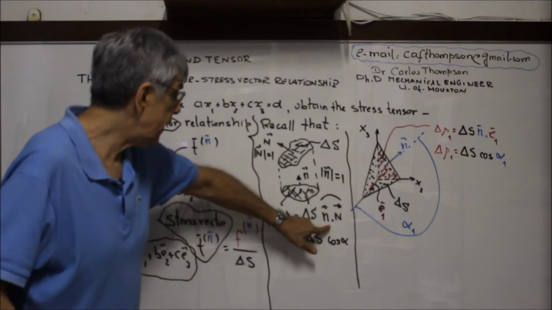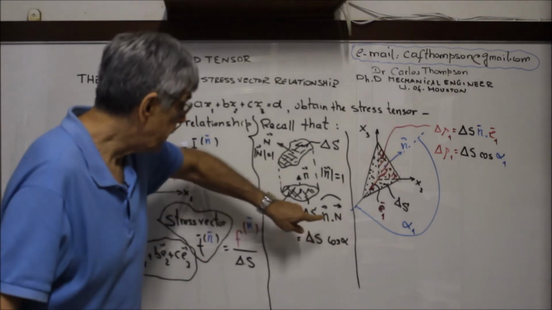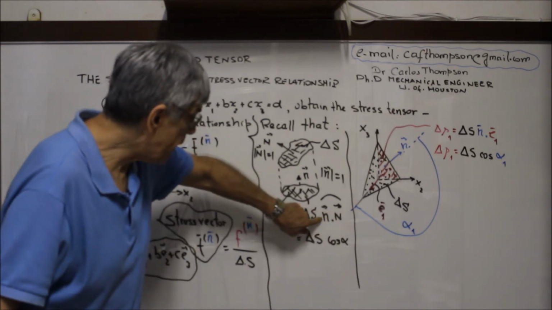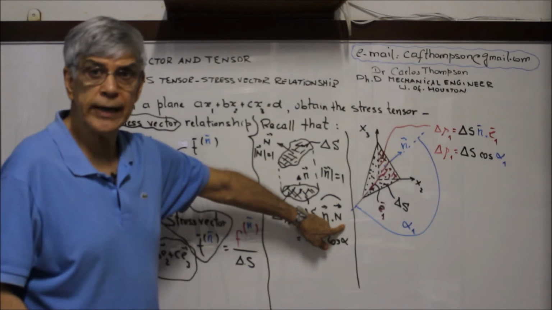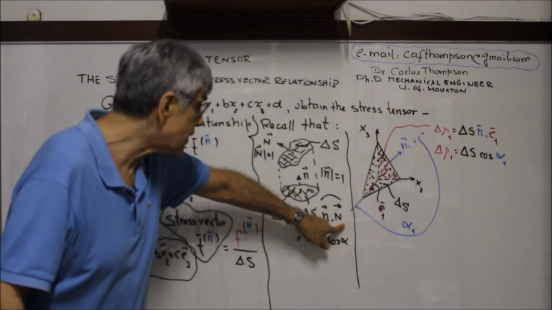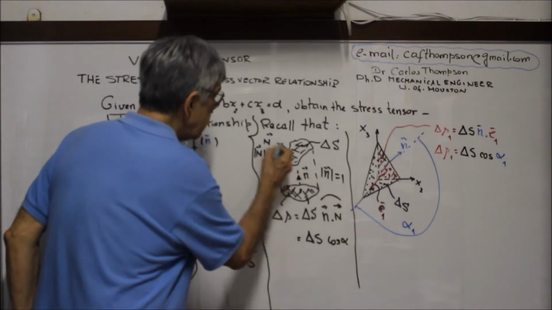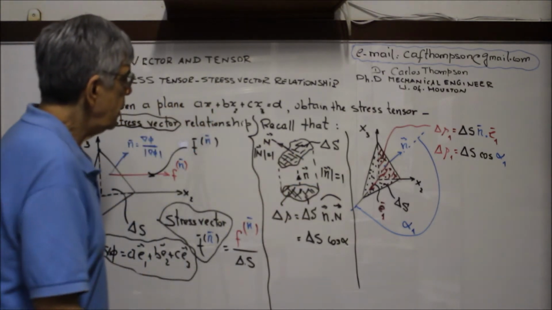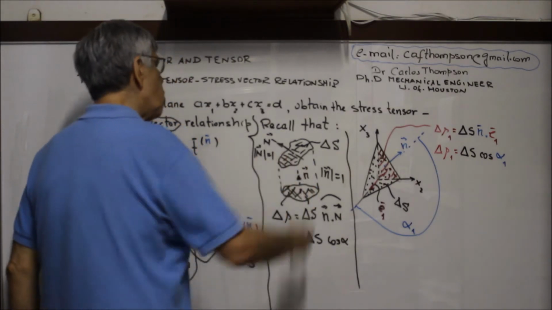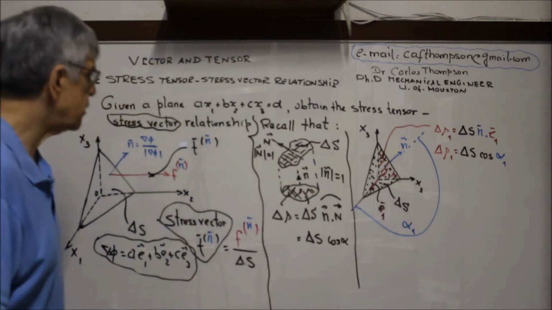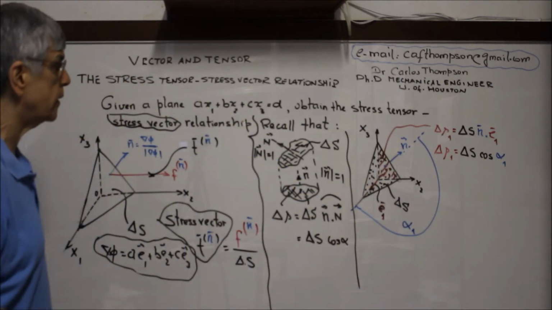That's why n dot N is the cosine of alpha, because the dot product is the magnitude of small n, which is 1, times the magnitude of capital N, which is 1, times the cosine of the angle between this vector and this vector. We did this in some previous lectures, and this will be very important.